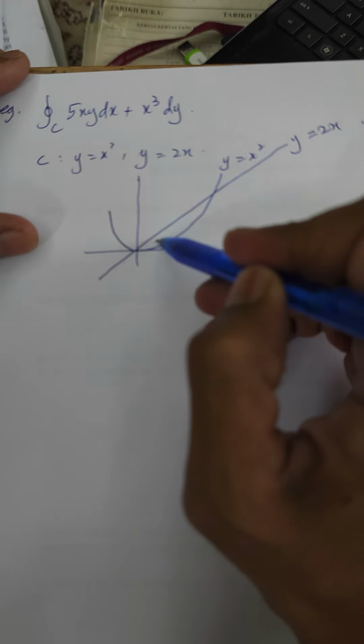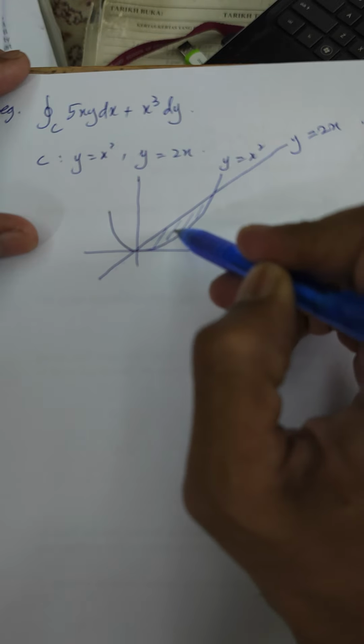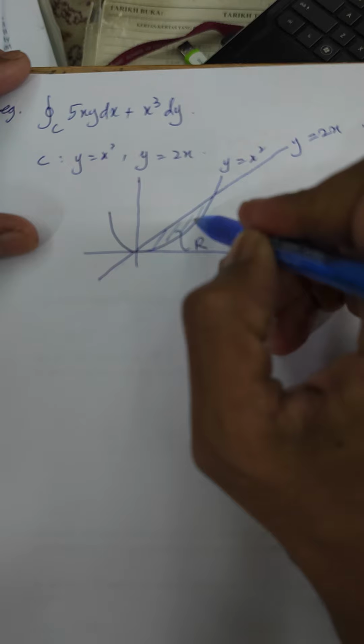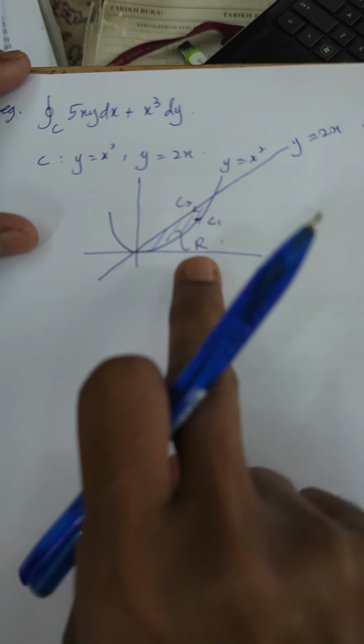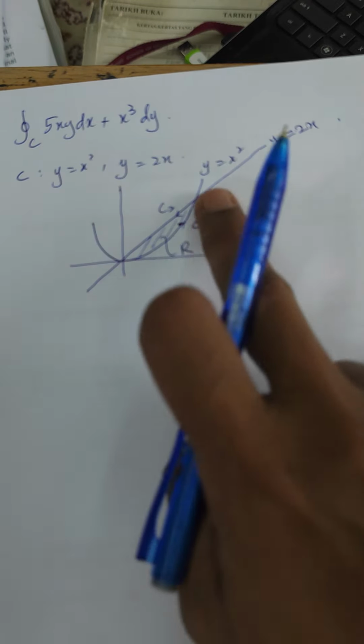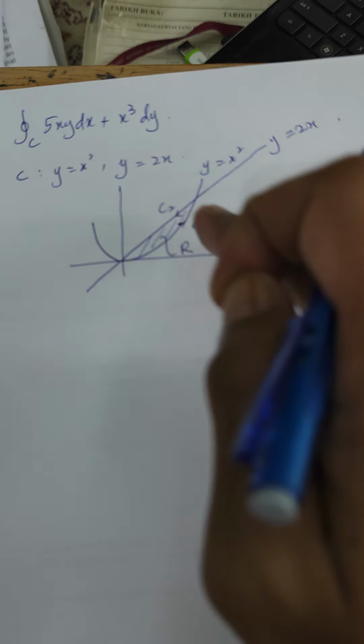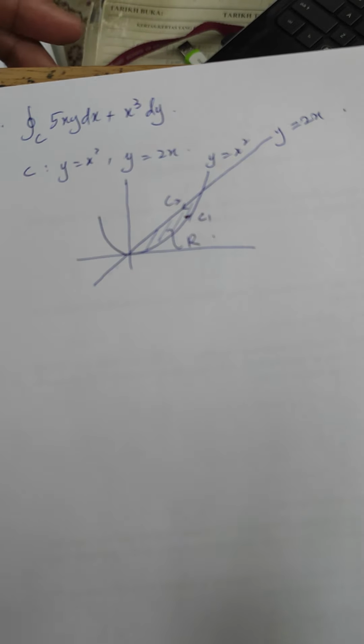So this is our region R, and this is our C. You can use again the line integral, where you consider each of these one by one, C1 and C2, or you can use the region itself, the region bounded by curve C, where our C is C1, C2. Now we can use Green's theorem in this case.